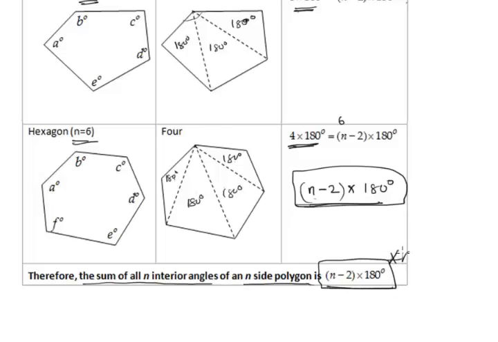This is the formula we will be using: if a polygon has n sides, there will be n interior angles, and the sum of all n interior angles will be n minus 2 times 180.